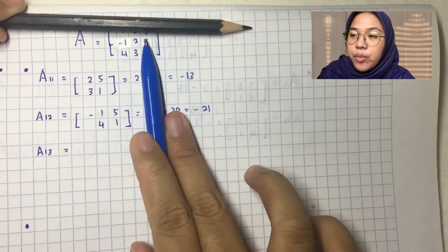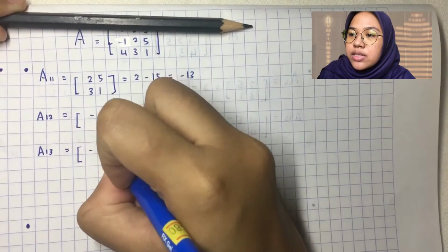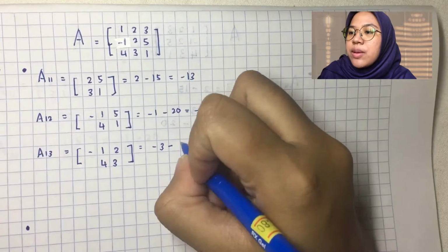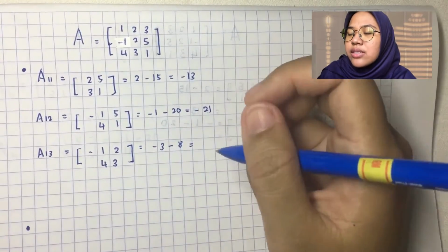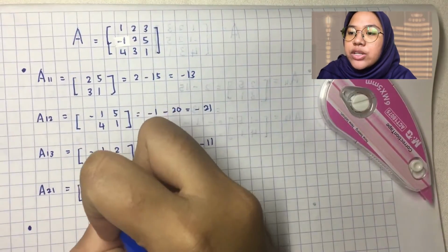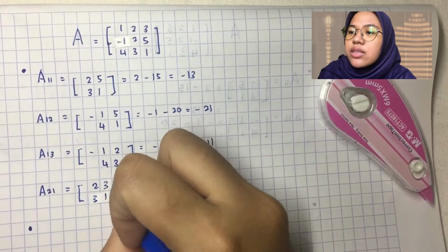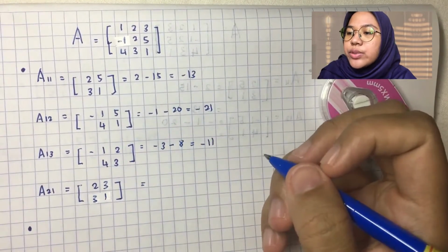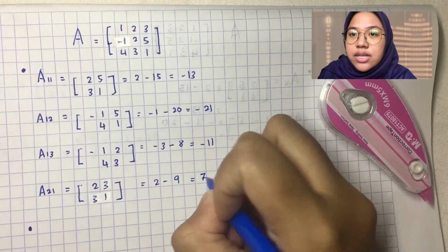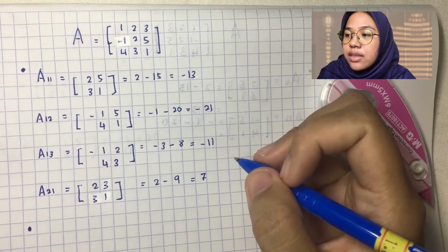Okay, for matrix 1, 3, cover row 1, cover column 3, and as you can see, -1, 2, 4, 3 equal to -3 minus 8, and then the answer is -11. For matrix A 2, 1, as you can see, we get 2, 3, 3, 1 equal to 2 minus 9, and the answer is -7.